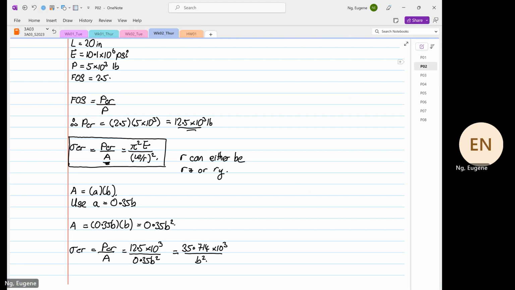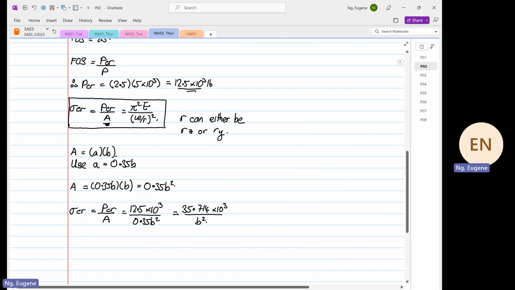Okay. Then from here, we are going to equate it to our critical load. So we know that 35.714 times 10 to the power 3 over b squared.